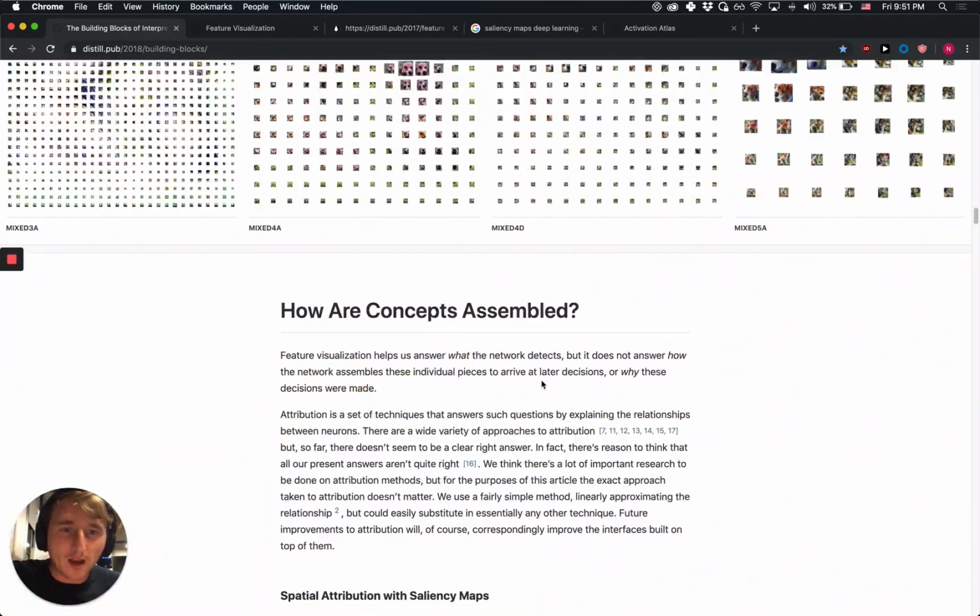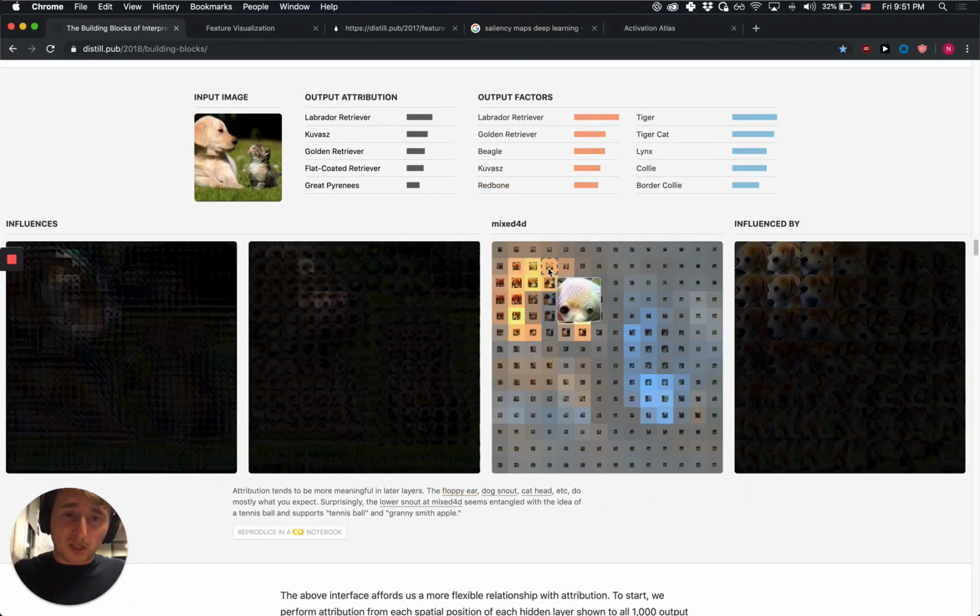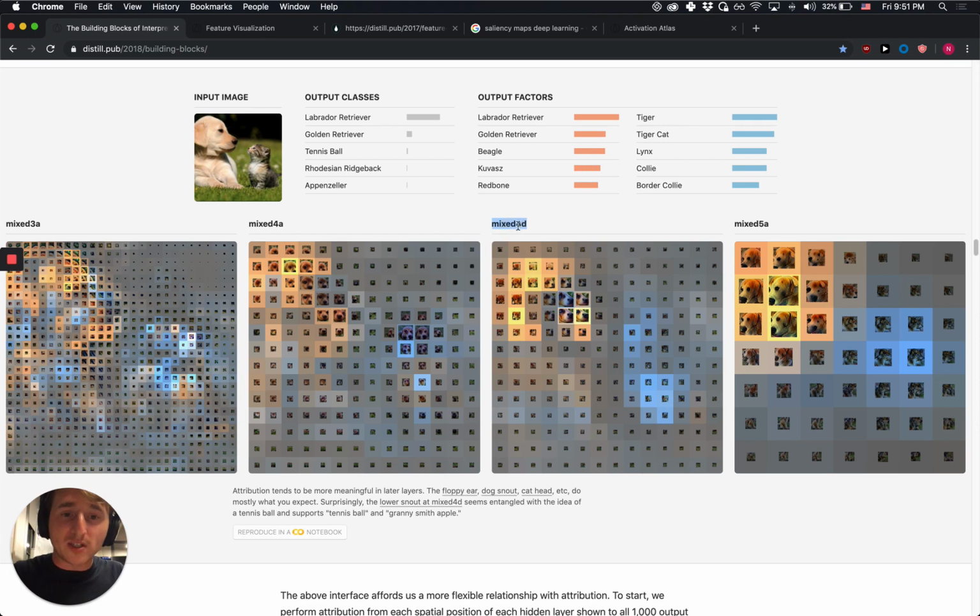We can say how much does a variation in this spatial position at this layer, mixed 4D, affect a particular logit, a particular class, and that's called attribution. So how much attribution does one of these spatial positions have towards classifying this image as a Labrador Retriever or a tiger cat?